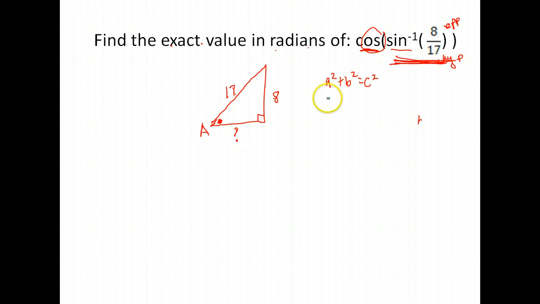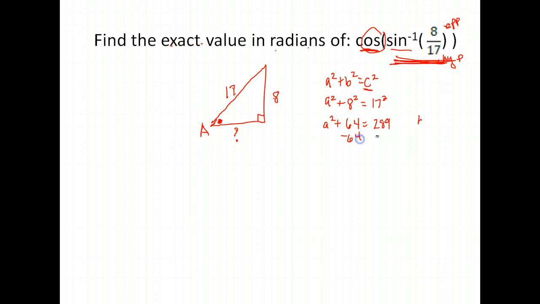All right, so we put in our pieces. We don't know our adjacent side. We do know the other leg is 8 and the hypotenuse is 17. My order is important there. The hypotenuse must be this one that's over here. We add a squared plus 8 squared is 64 equals 17 squared, which is 289.